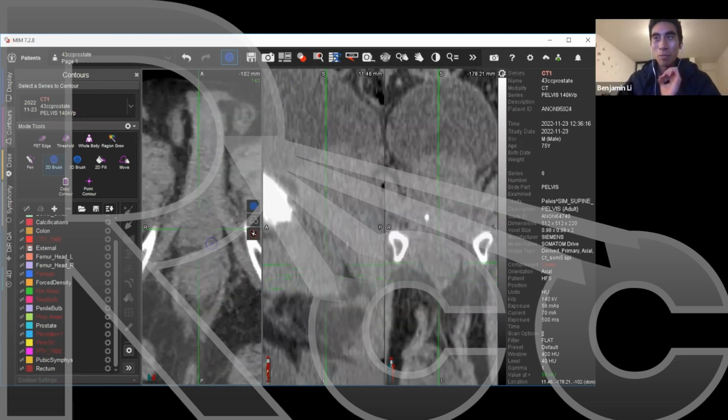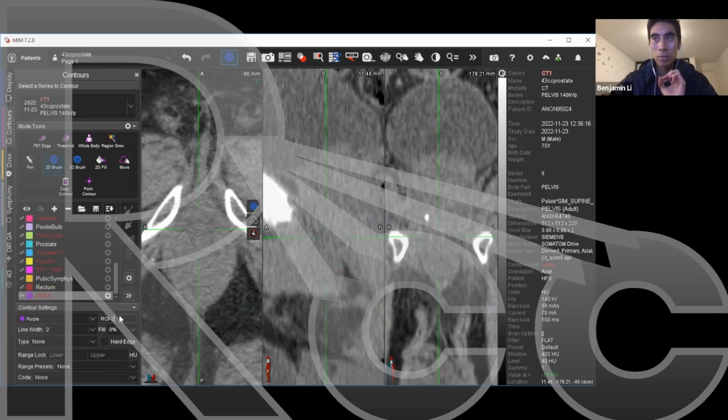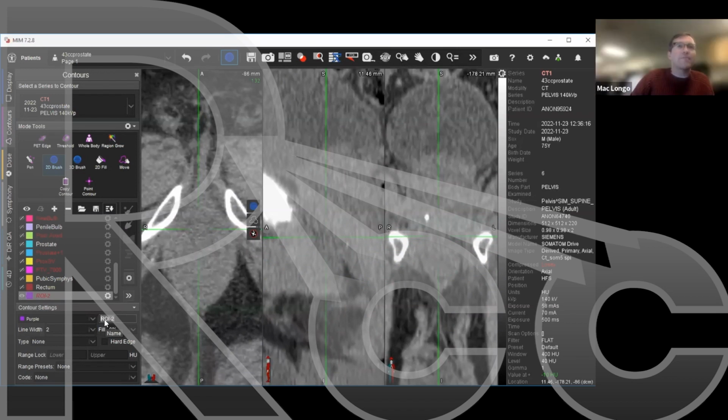Maybe right before we jump into the apex, a question about the penile bulb. On the axial view, should it appear teardrop in shape, or should it look round? In my experience, on the axial view, it's more round in shape. And it's really on that coronal view that you can better see that teardrop shape. But again, human anatomy is highly variable.